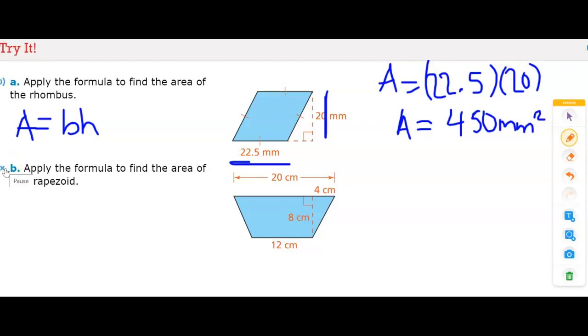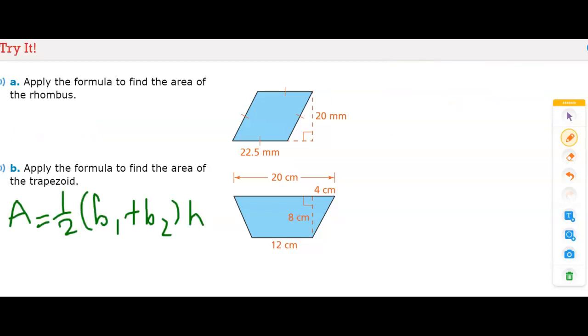Part B. Apply the formula to find the area of the trapezoid. The formula for a trapezoid is area equals 1/2 times base 1 plus base 2 times height. So let's substitute our variables.